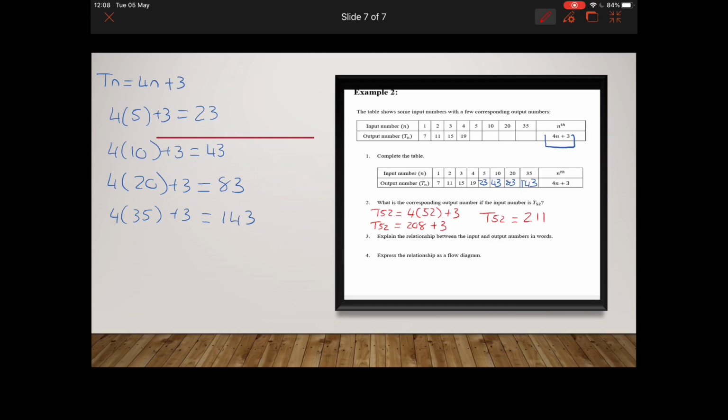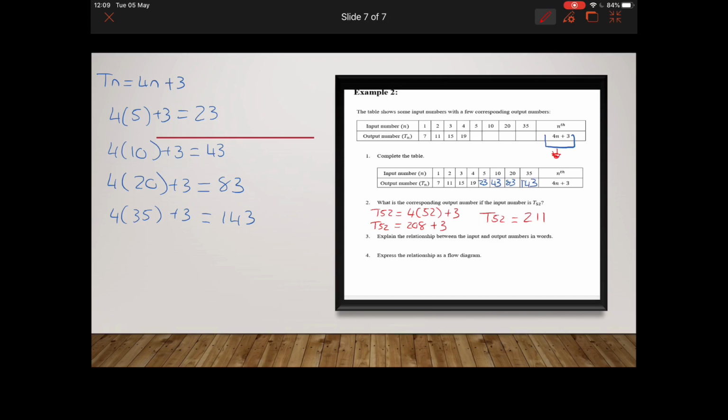The third question says, explain the relationship between the input and the output numbers in words. So if I have to explain the relationship, I'm going to break down my general term into words.